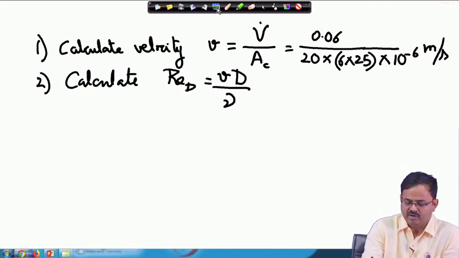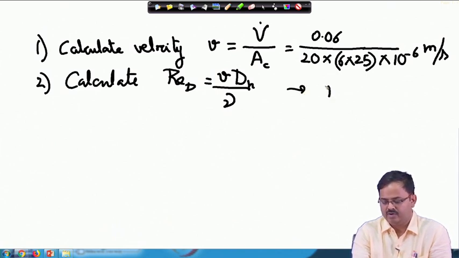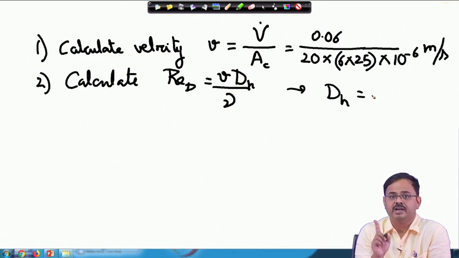Okay. But however, this one is the hydraulic diameter dH. And what is dH? Remember, 4 times area over wetted perimeter.